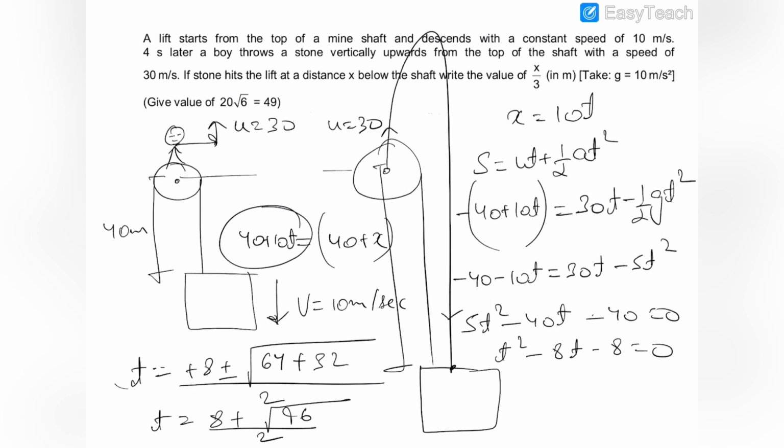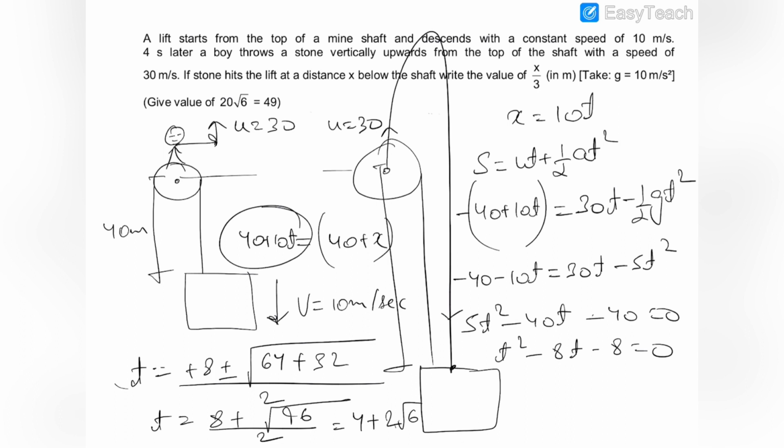Root 96 can be written as root of 16 into 6, so you can write it as 4 root 6. And 4 root 6 divided by 2 would be 2 root 6. So the time would be 4 plus 2 root 6.